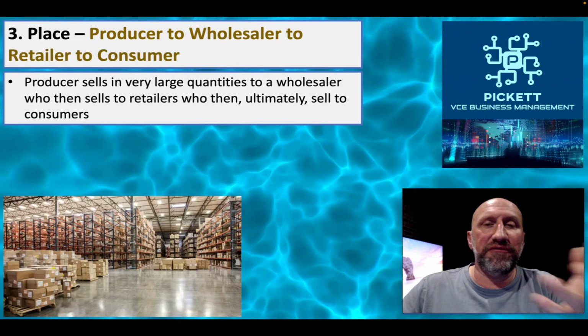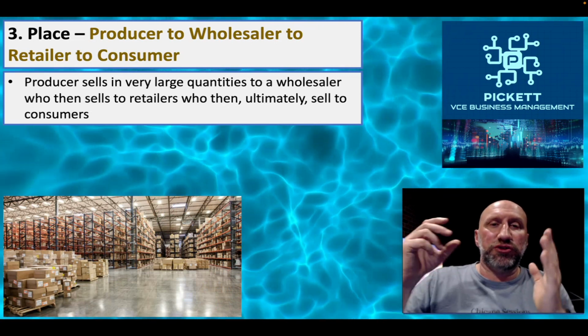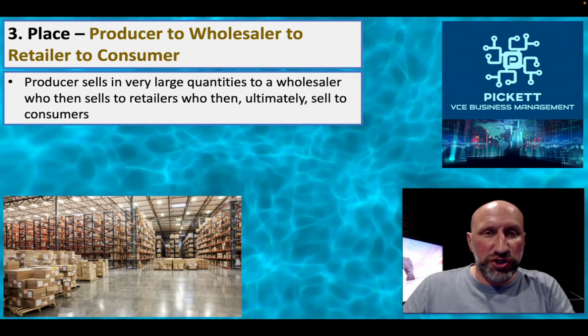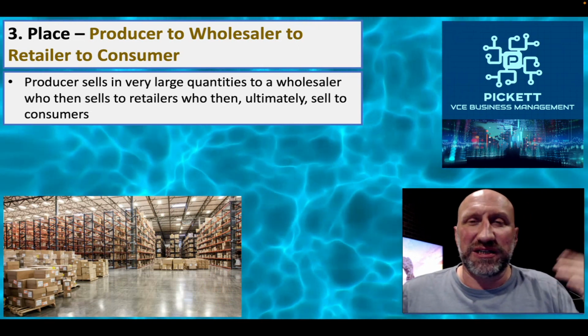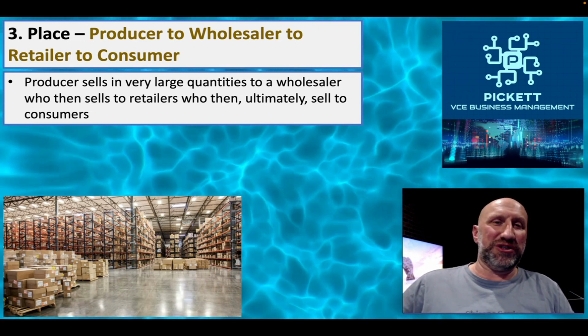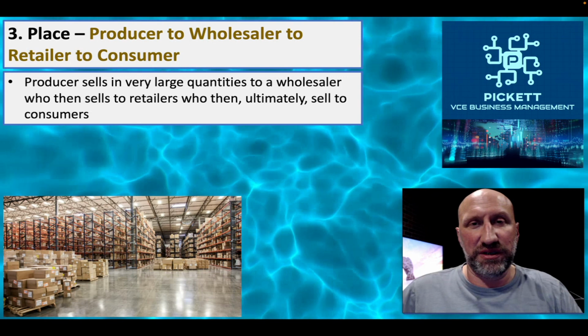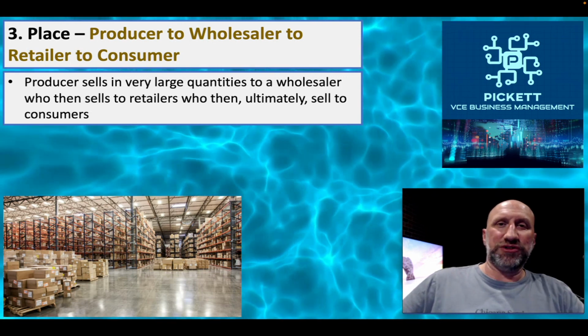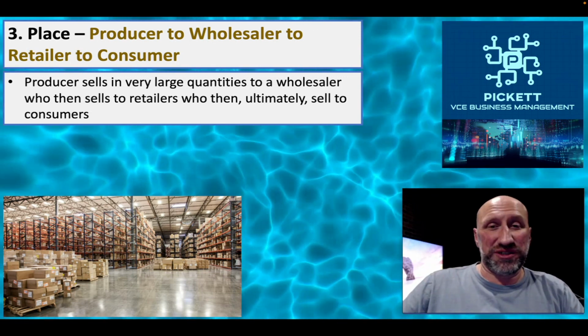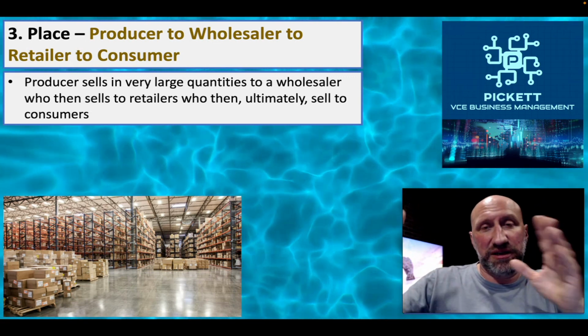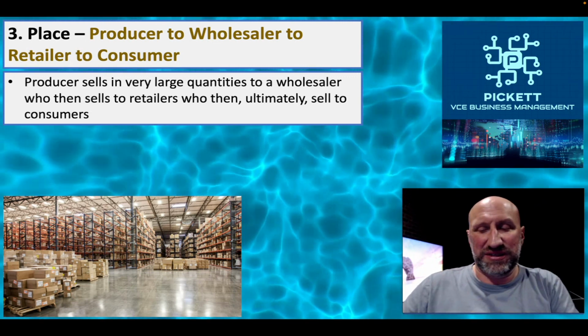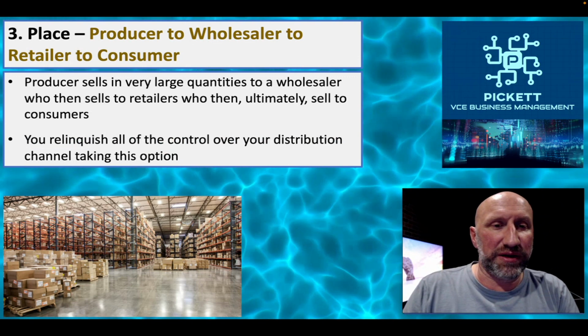And then finally, your producer to wholesaler to retailer to consumer. So the four stages. Like I said before, this is where the producer sells in huge quantities to wholesalers. Wholesalers then sell in still large quantities to retailers, and then the retailers sell them on. So again, it's just another stage included.